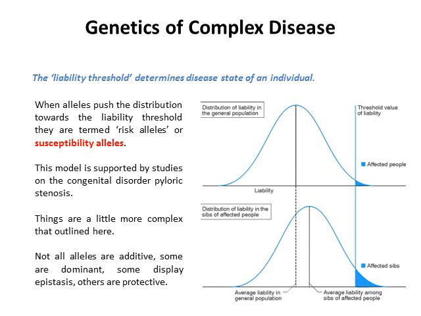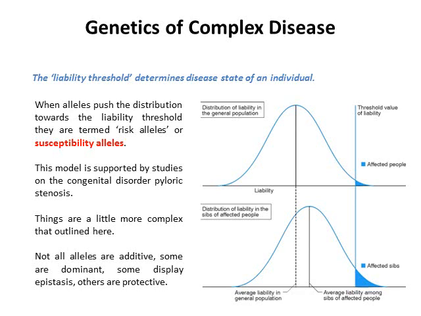Therefore, when she has a child and passes on that large proportion of susceptibility alleles, her children should be at a much higher risk of getting pyloric stenosis than the offspring of a mother that didn't suffer from it. And that's exactly what we see.